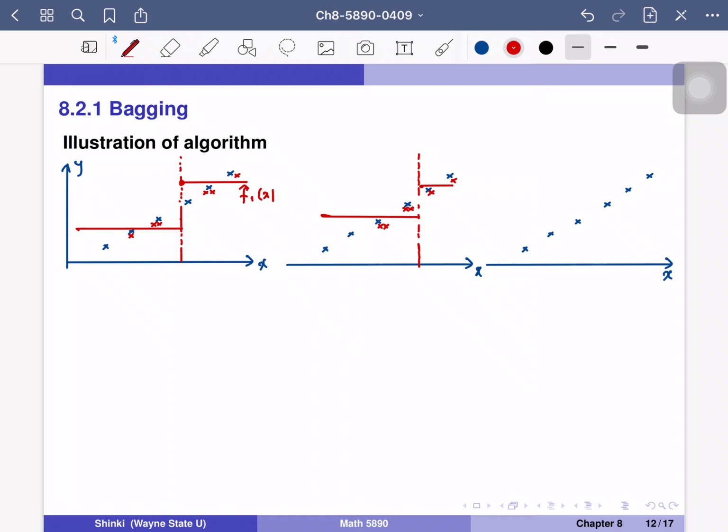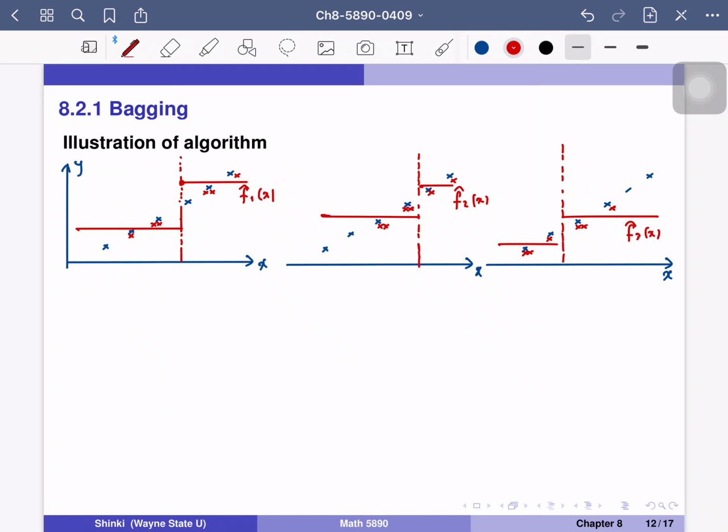Next time maybe we get 2 observations here, 1 observation here, 2 observations here, and 1 observation here. Then what's the best split? Maybe a little bit different, maybe here. Then the average is here, and the average is here. So this is f hat 2 of x, and this is f hat 3 of x.